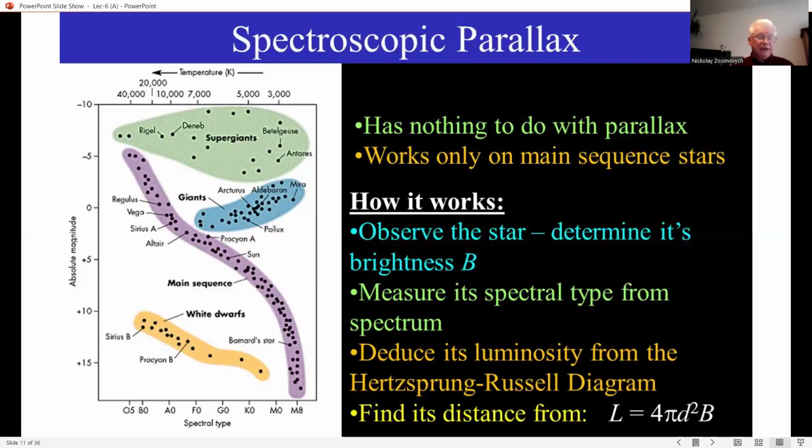Spectroscopic parallax relies on the location of the star in the HR diagram. If you record the spectrum of a star, you can determine its spectral class, and that tells you about its horizontal location in the HR diagram.